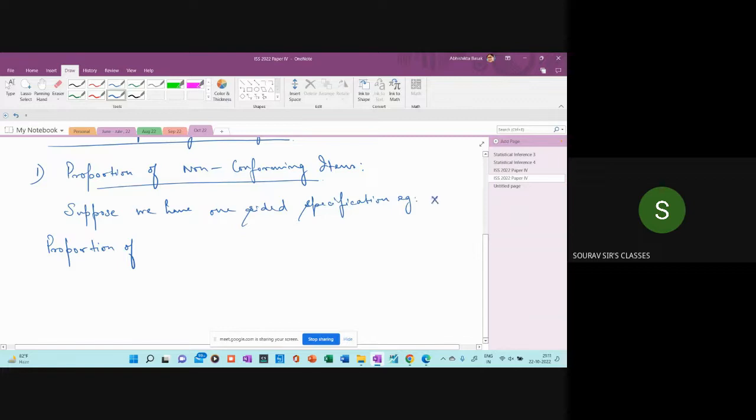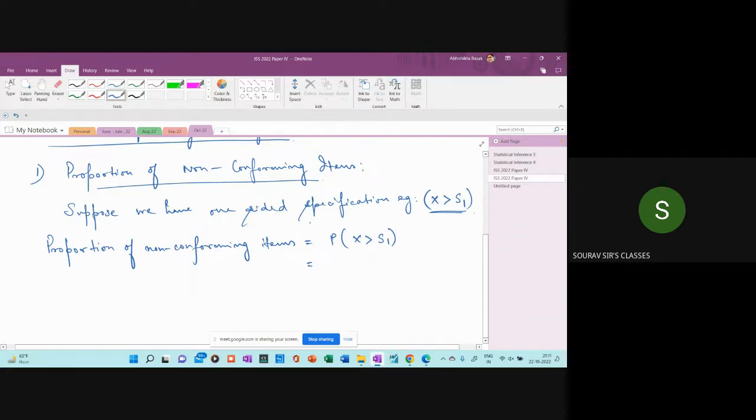An example is, suppose x is greater than some S1. This is my one-sided specification. I am writing the proportion of non-conforming items equals probability x greater than S1. So if x is greater than S1, then the probability of that is the probability that the items are non-conforming.